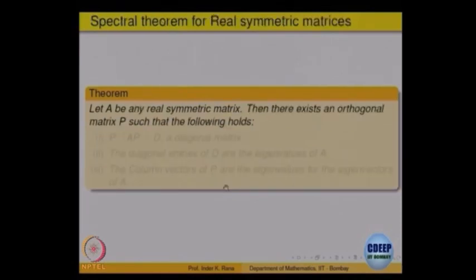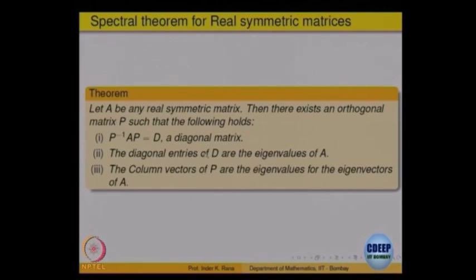So, the improvement on the previous theorem, which was for diagonalization of matrices, says the following: if A is a real symmetric matrix, then there exists an orthogonal matrix P such that P inverse AP is a diagonal matrix, and the diagonal entries are the eigenvalues of the matrix A. The column vectors of P are the eigenvectors of A.